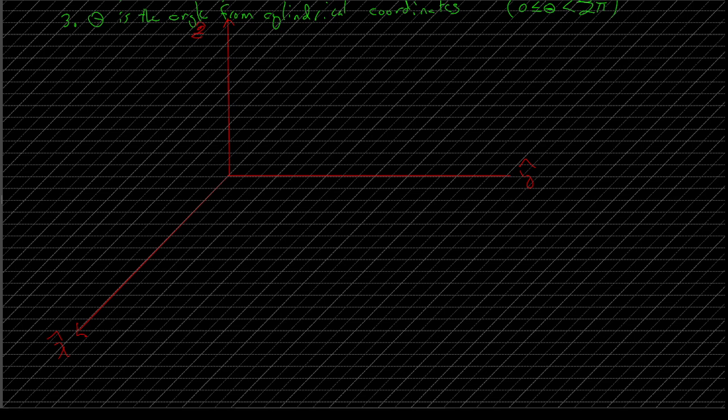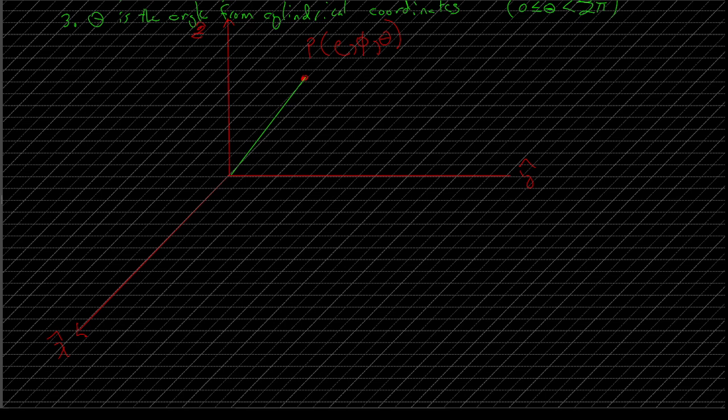And we're going to have some point P that's going to be represented by rho, phi, and theta. And we're going to draw some vectors here. So here's the vector rho, or OP, from the origin to P.